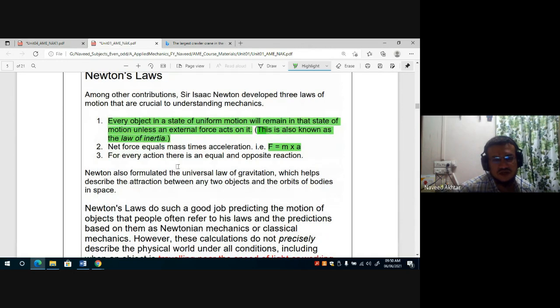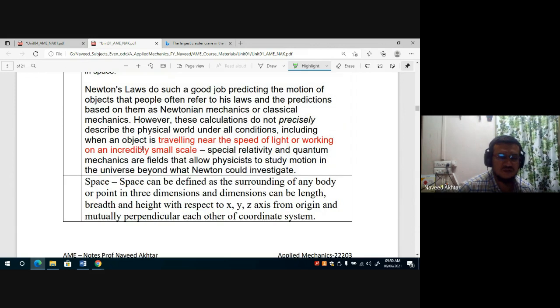The first law is that a body in a state of uniform motion will remain in that state unless an external force acts on it, also known as the law of inertia. And the second law is force equals the product of mass and acceleration.